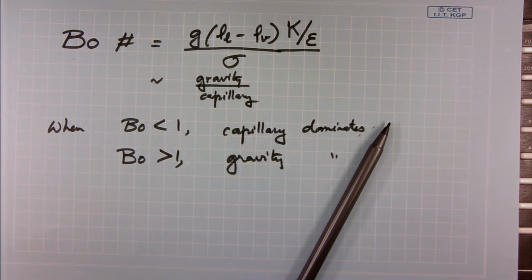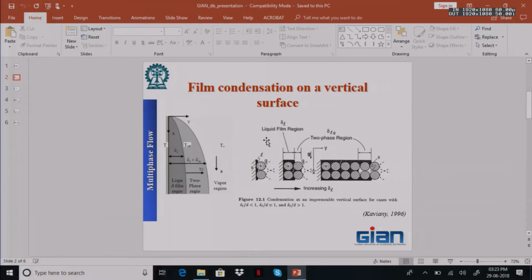Now, a side note, a case where gravity dominates, where bond number is much greater than 1, actually the two phase region, the delta L plus delta V that we were seeing, that many a times is either very weak or absent. So, this layer is either very thin or it is absent.